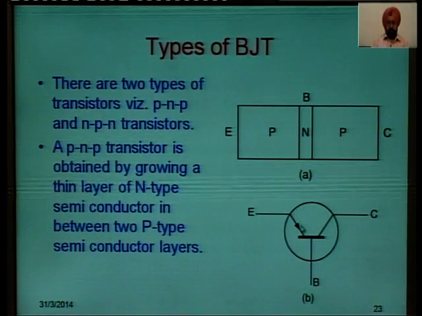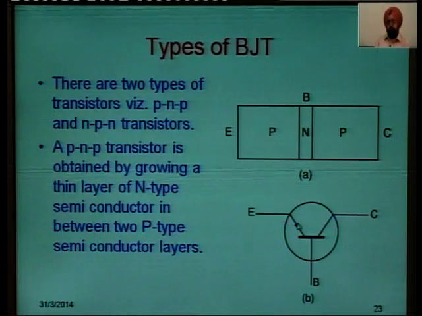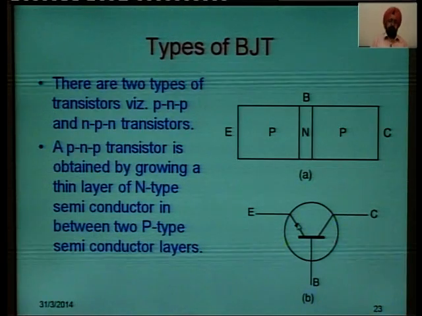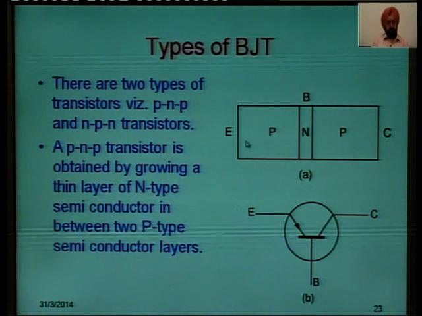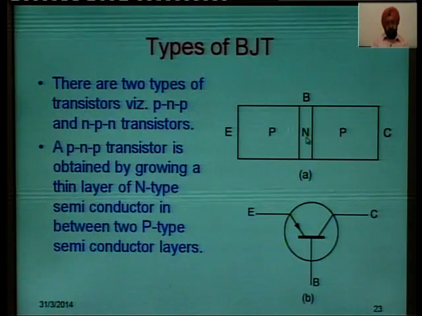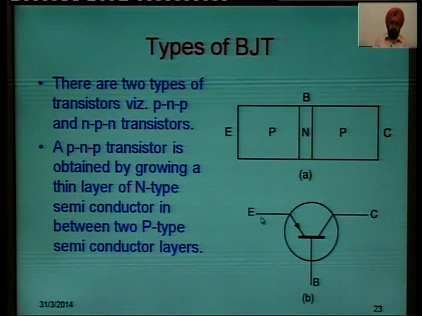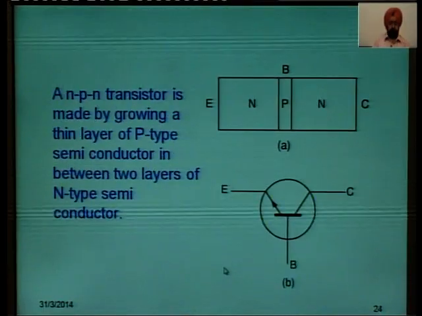There is an arrow marked over the emitter. The arrow gives you the direction of conventional current, from positive to negative, because the emitter here is p type, positive type, and n means negative type. So, the direction of the arrow will be from emitter to the base.